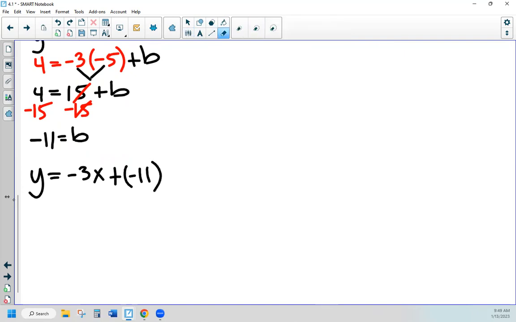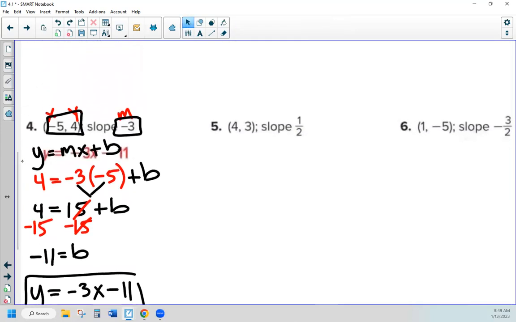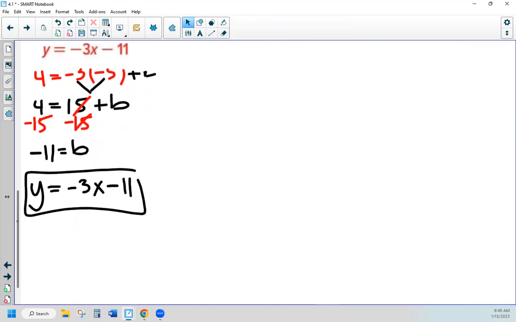But you need to understand that whenever we write our final answers, we don't like saying plus negative numbers. Just put minus 11. And that's it. Let's see what we got here. There it is. Negative 3x minus 11.